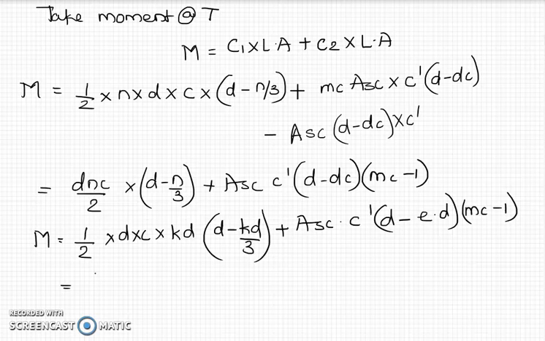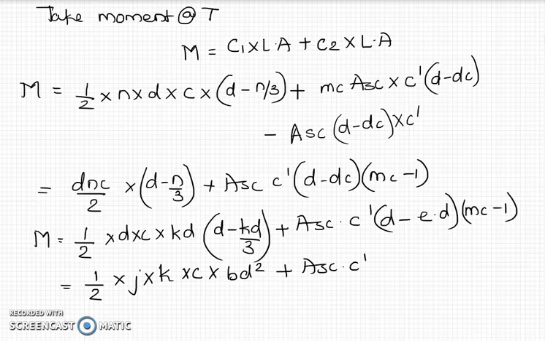Okay, so again I can write this as half into J. If I take this D common out, it will be 1 minus K by 3. So I can write this as J into K, we have C, and the remaining terms are BD square plus ASC.